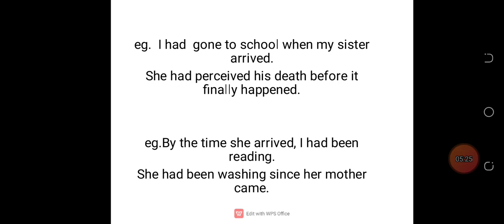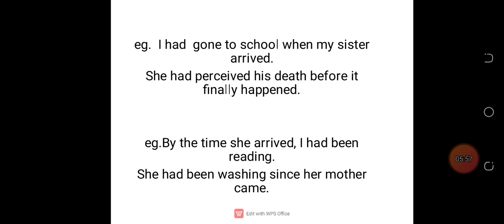Now let's go to the last two sentences. We realize that we have the use of had been, then the continuous form of the verb. Don't forget, we are talking about the past perfect continuous form, so the verb must be in the continuous form to make that clear. So had plus been plus the continuous tense of the verb.